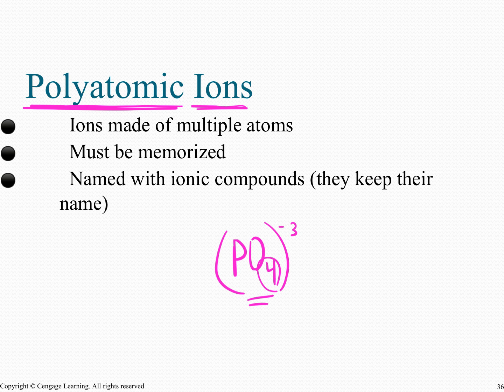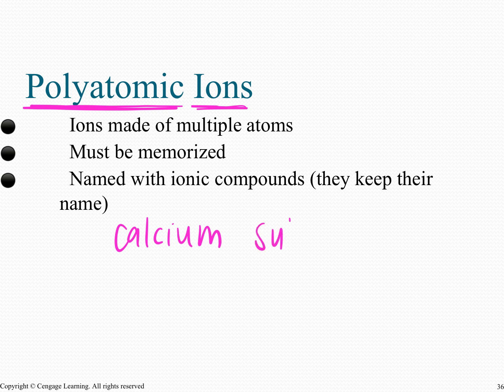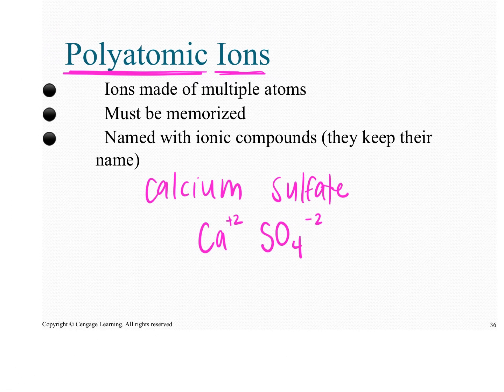Let's try calcium sulfate. Cation, and then the polyatomic ion gets to keep its regular ending. So calcium is a +2. And what's sulfate? SO4 -2. So how will these fit together?